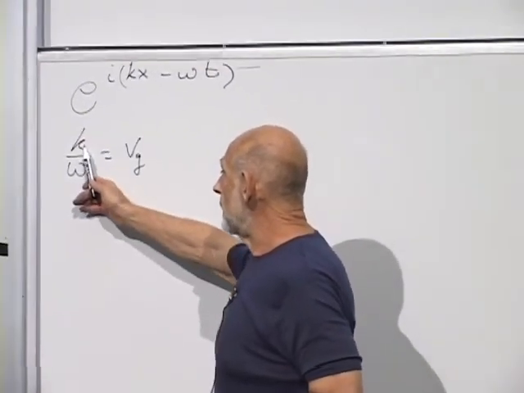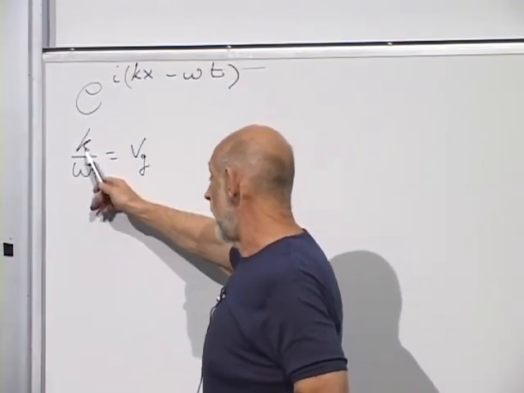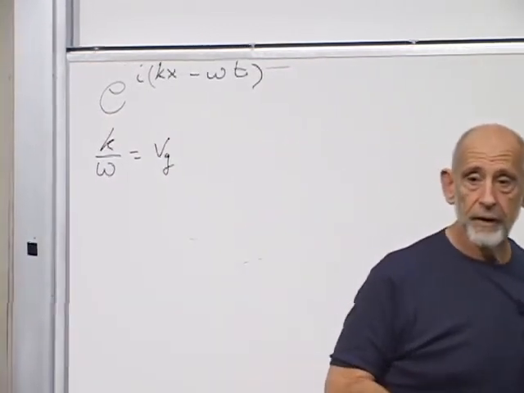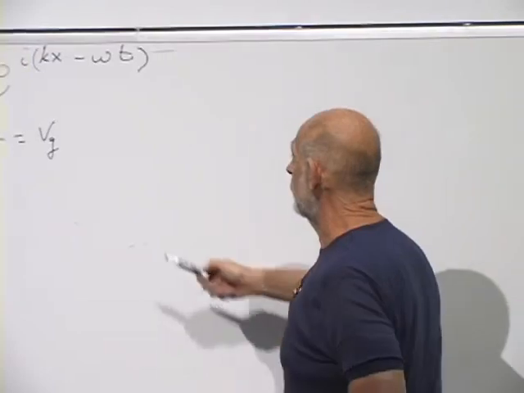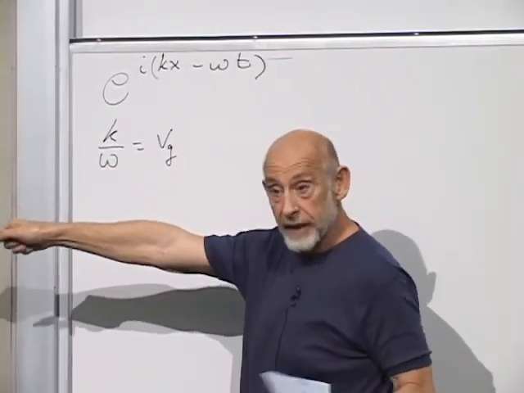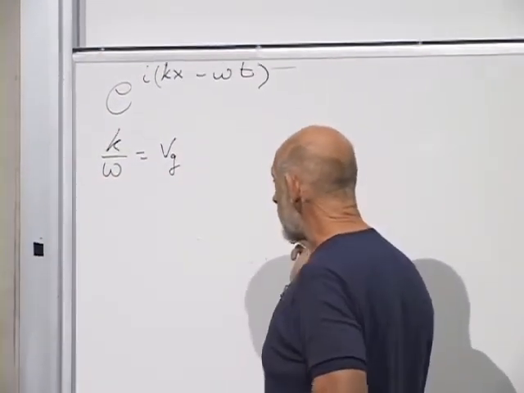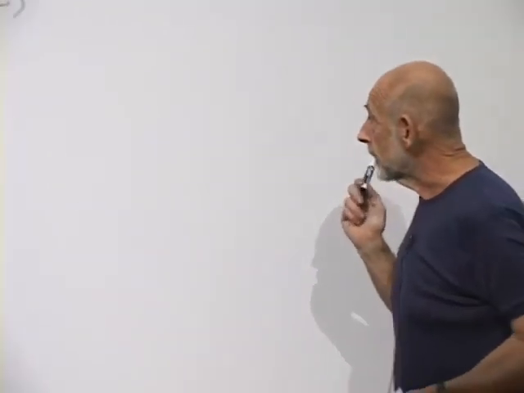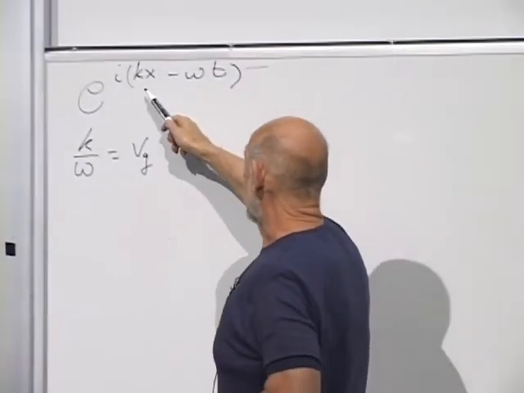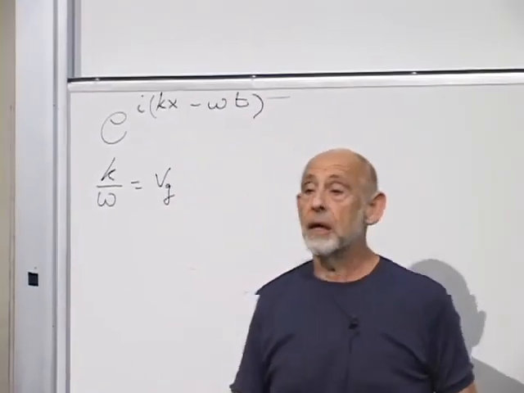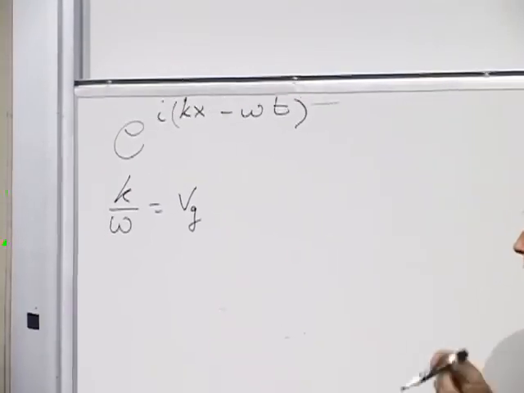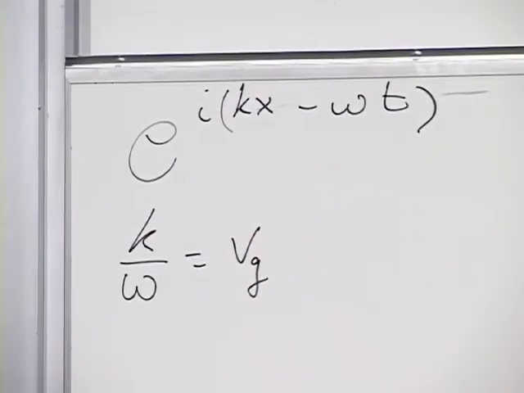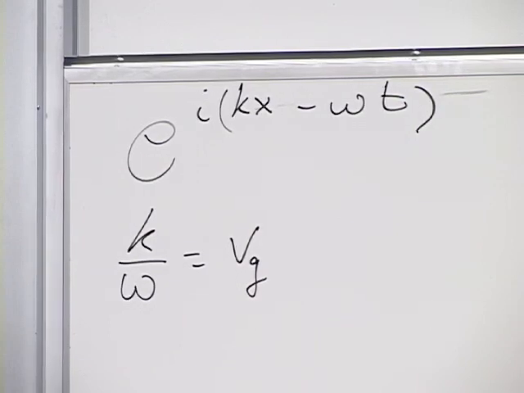If k is negative and omega is positive, this describes an object whose velocity is to the left, negative. If both are positive, then it's a velocity moving to the right. Again, if k and omega have the same sign, it's a wave moving to the right. If k and omega have the opposite sign, then this ratio is negative. It's fine, no problem with it. It just means the wave moves to the left.